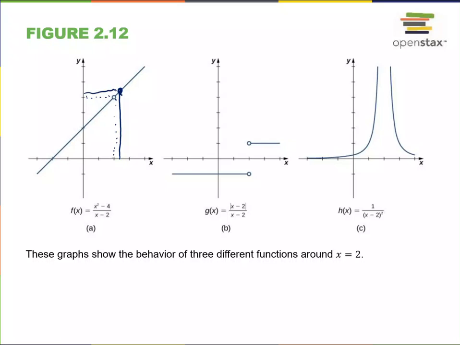Like this point exists, we can get as close as we want. So if we wanted to write that using our limit notation, what we would write is the limit, LIM, of f of x, just saying which function we're talking about, is 4 as x approaches 2.